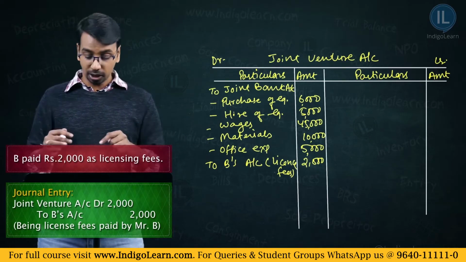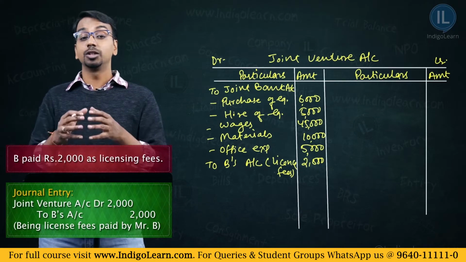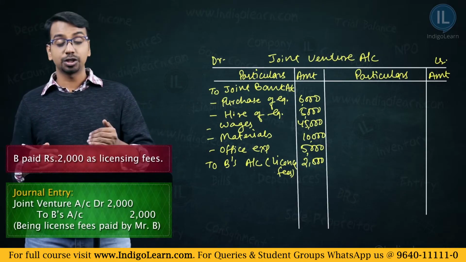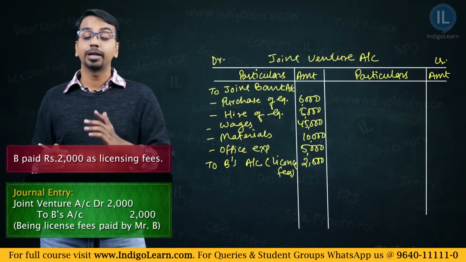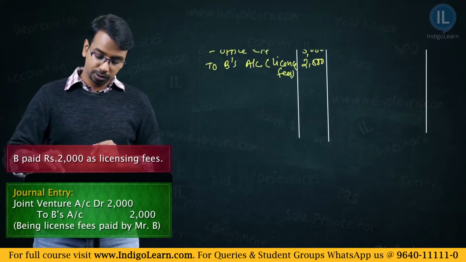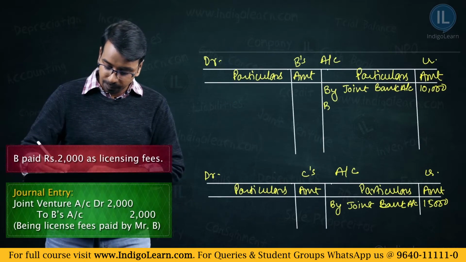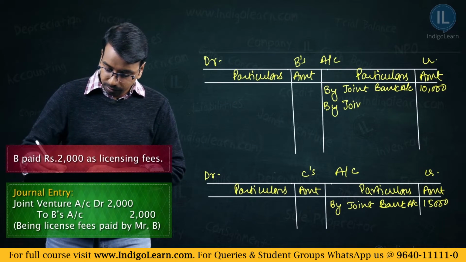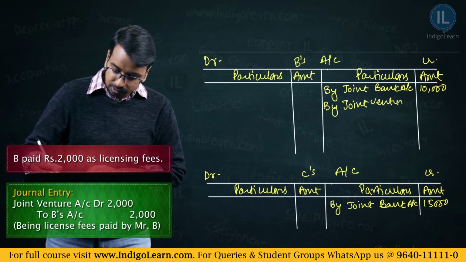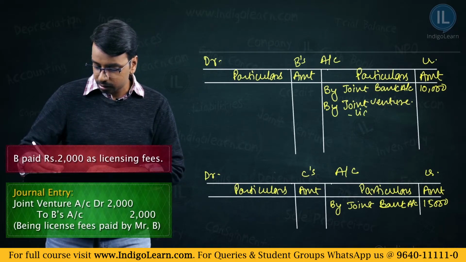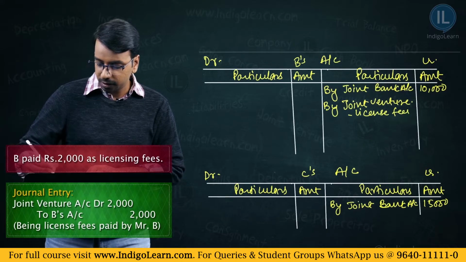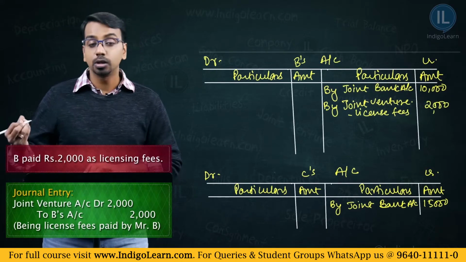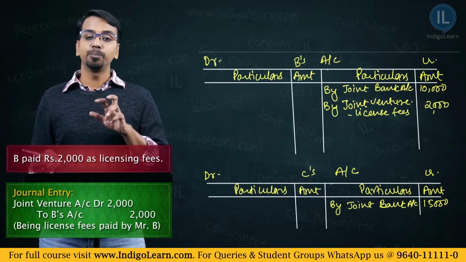No, there are no other expenditure, but whatever we have debited in the joint venture account, that is joint venture account to B's account, will have a corresponding impact in B's account. So come to B's account, here you can say by joint venture account, that is towards license fees 2,000 rupees. This is what is payable to B.